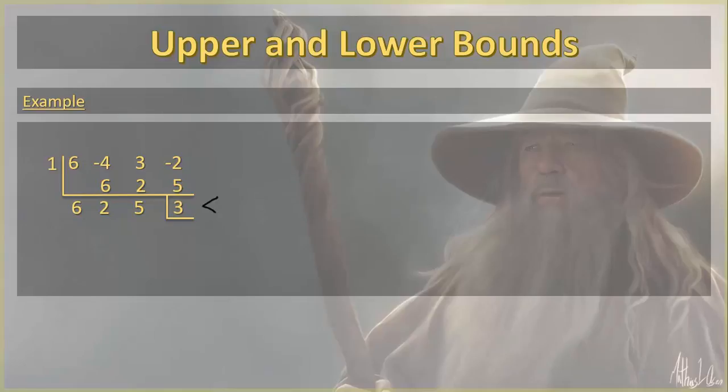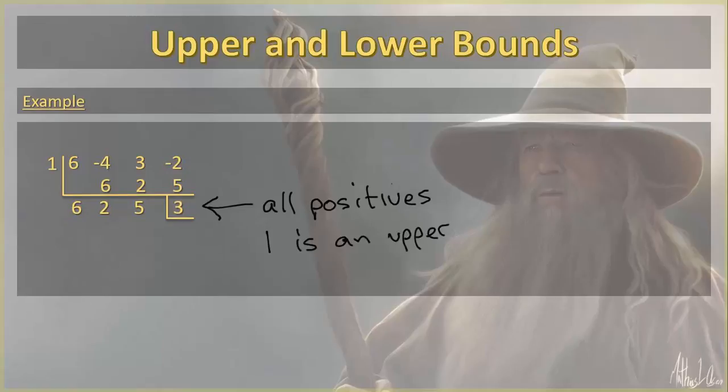Now, since the bottom row is all either positives or zeros, 1 is an upper limit. I don't have to try 2, 3, 4, 5. I don't have to try any of that stuff. 1, that's it.